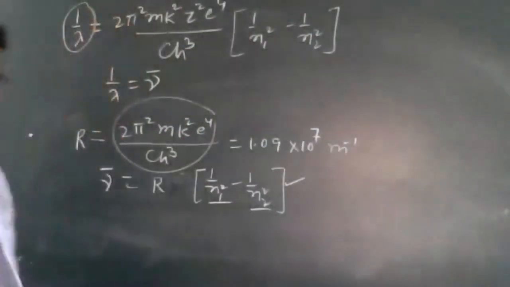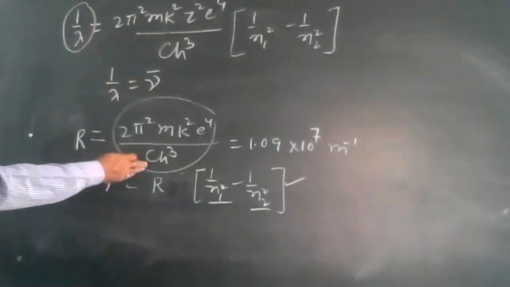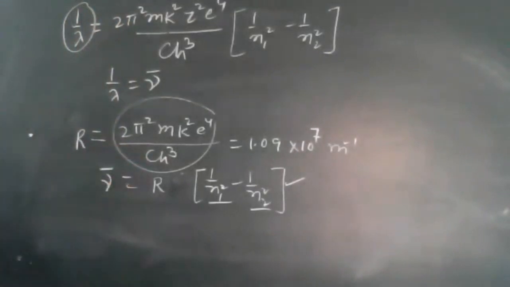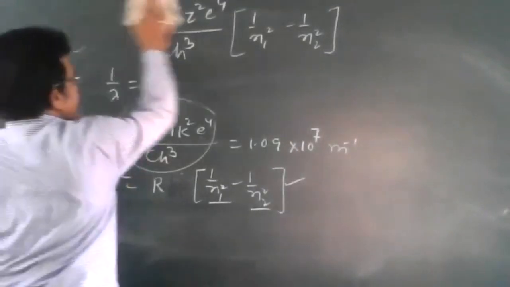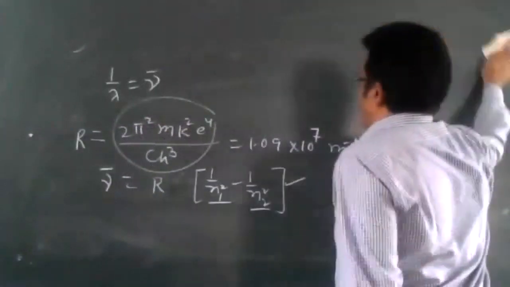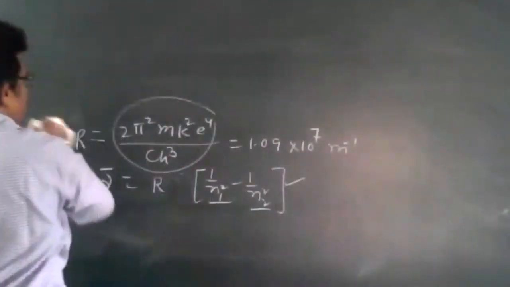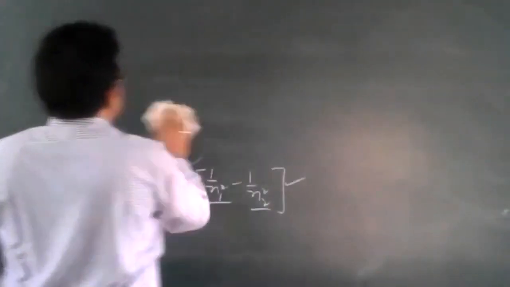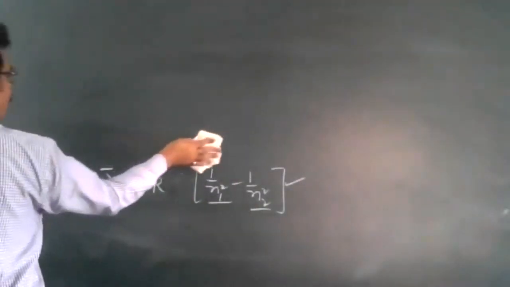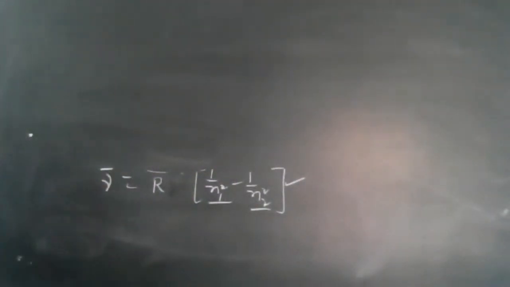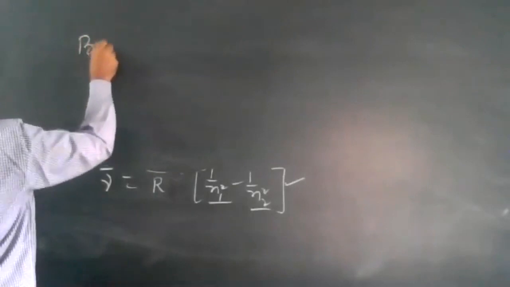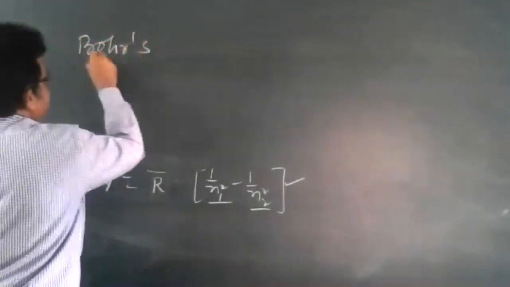So here I can say Bohr's explanation of spectral series of hydrogen atom with the help of this formula. So here, my dear children, write down Bohr's explanation for different series.